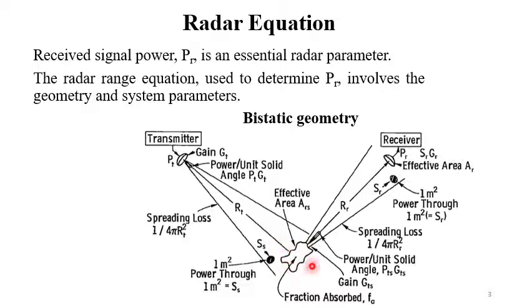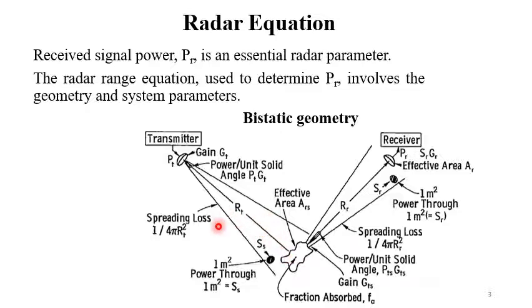This is the target. We can call it a scatterer. Similarly, RR is the distance between the receiver and the target, and they are in two geographic locations.